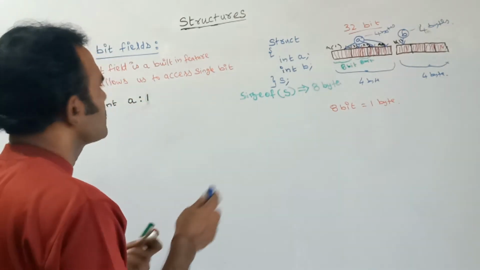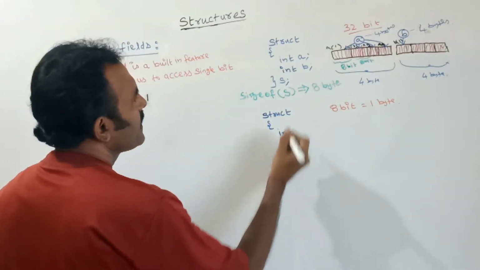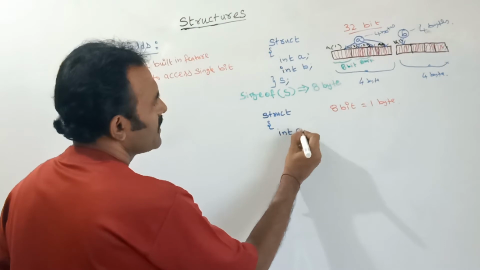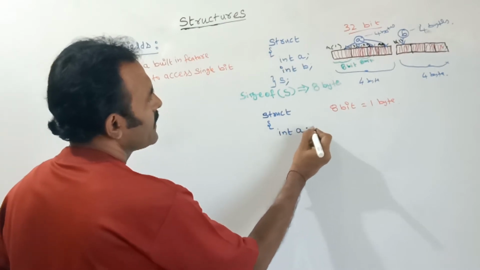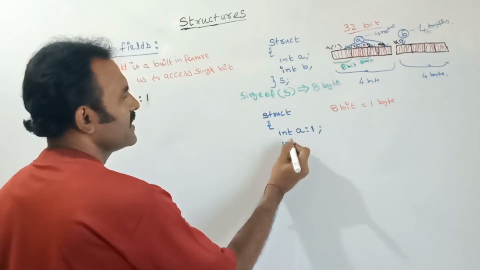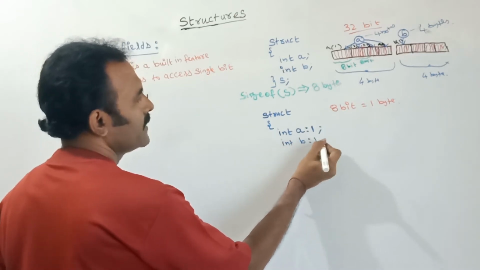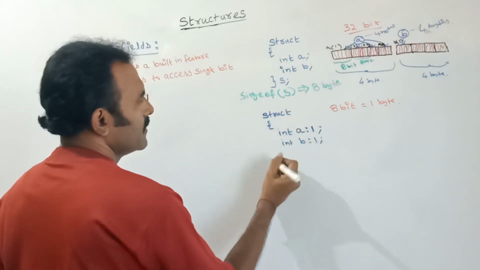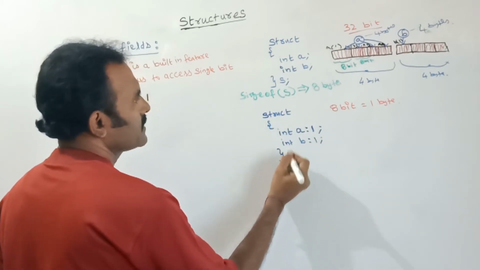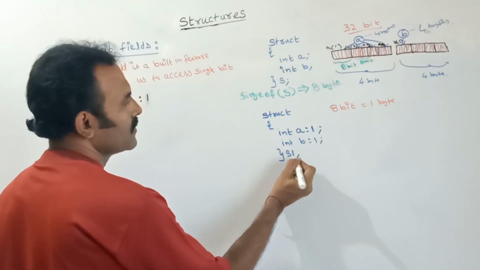I am creating a structure and declaring a bit field here. I am assigning A 1 bit. Next, in the same way, integer b, and I am assigning 1 bit for b. Next, let us assume this structure variable name is s1.